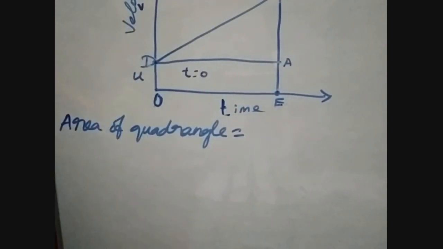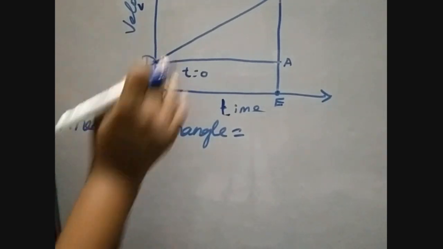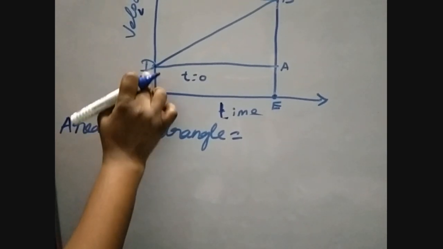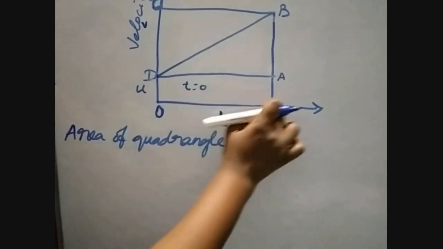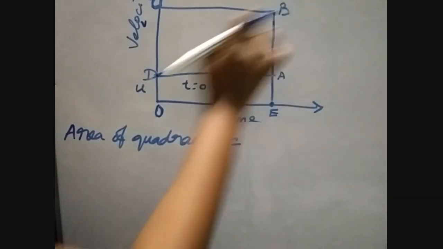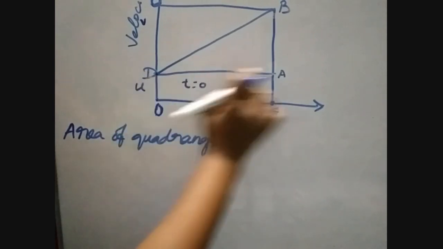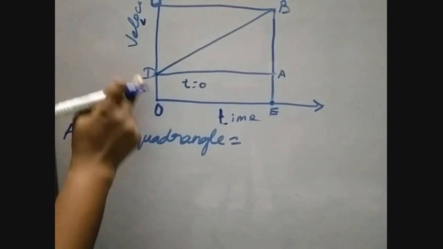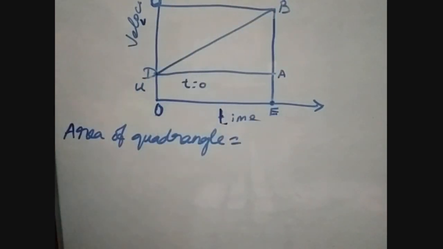DOEB. Now, this quadrangle we can split into 2 shapes. This DOEA is a rectangle and DAB is a triangle. This one is a rectangle, this one is a triangle. Totally it is the quadrangle DOEBD.